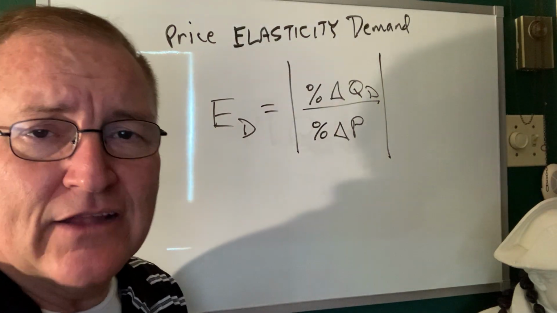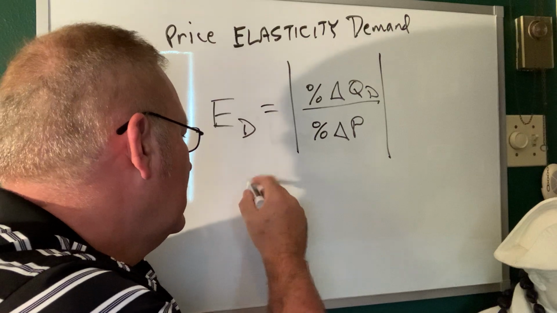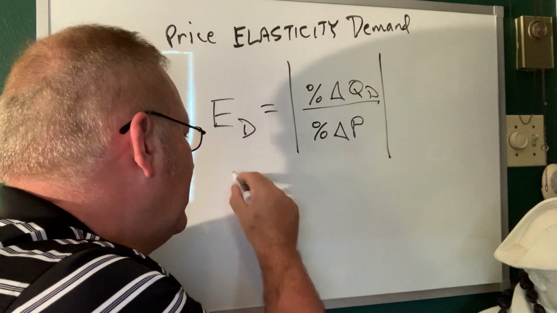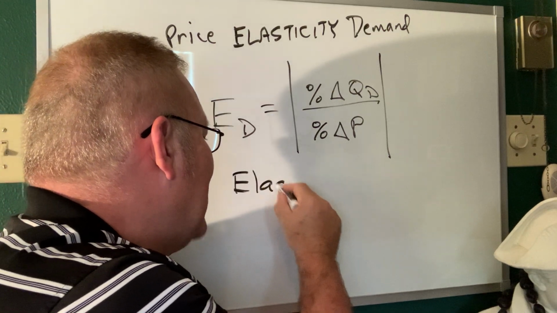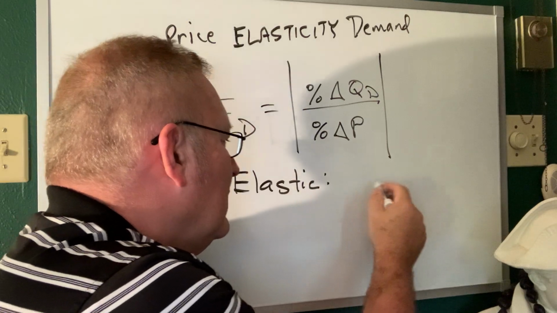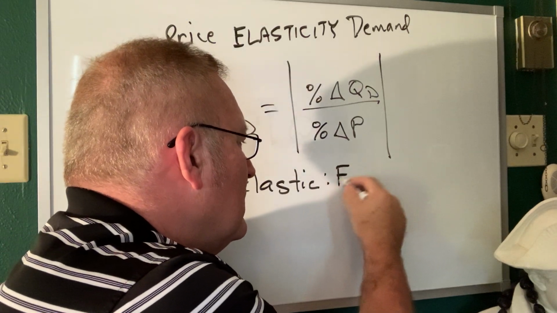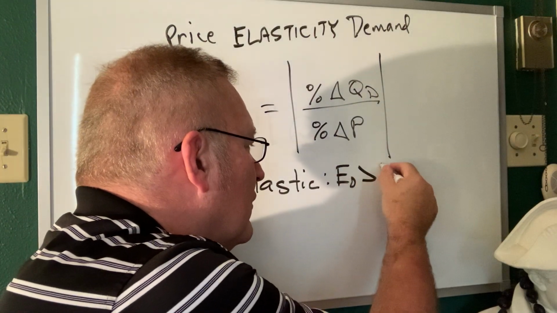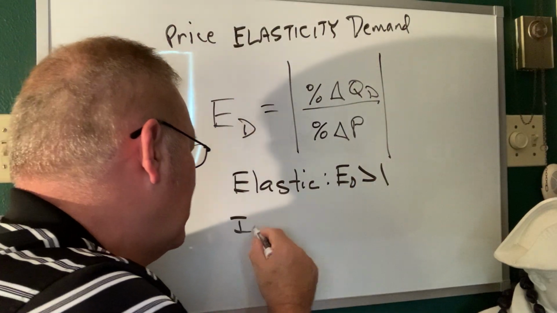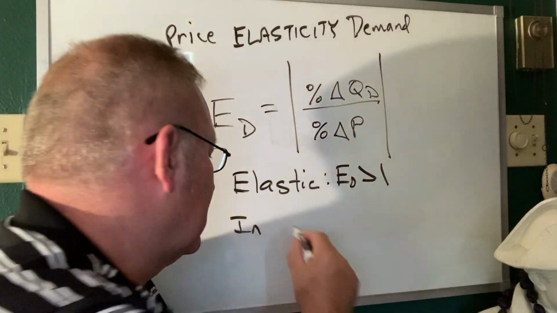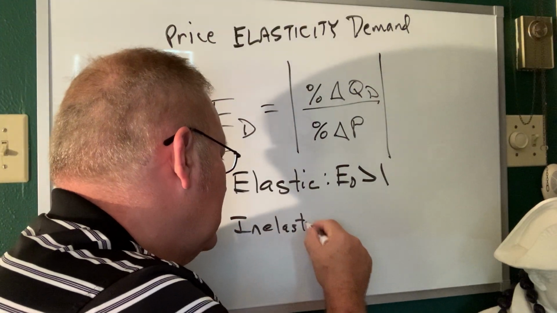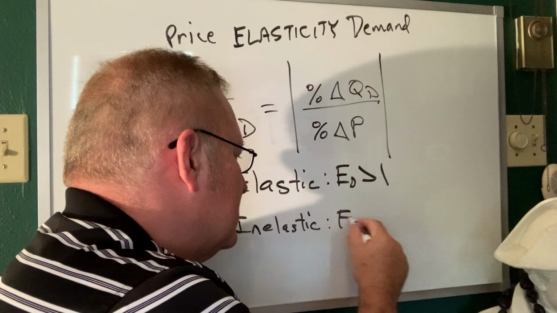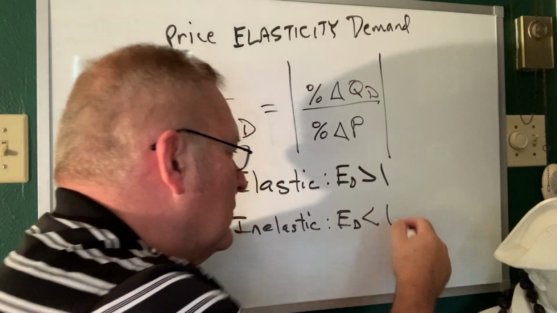The short answer is, something is said to be elastic if the price elasticity of demand is greater than 1. And something is said to be inelastic if the price elasticity of demand is less than 1.